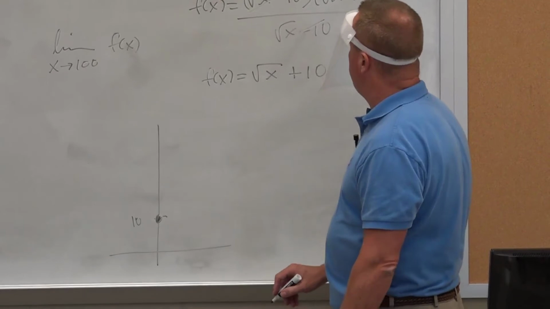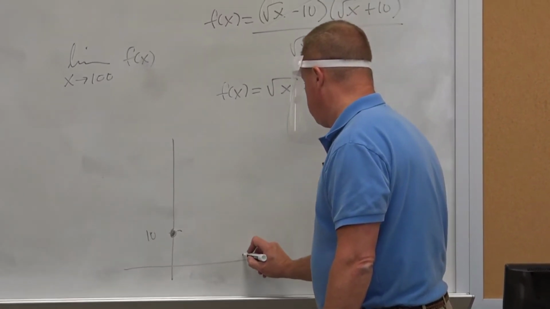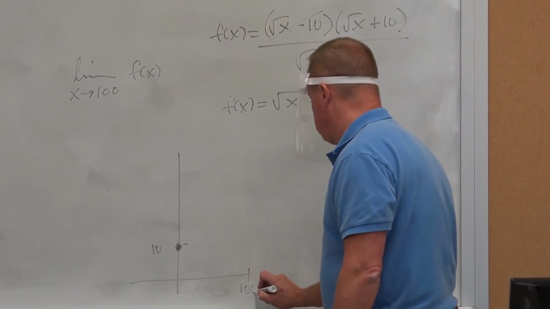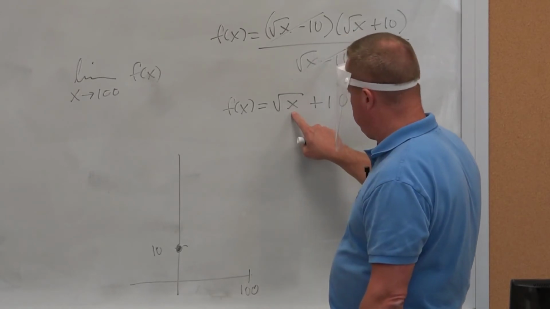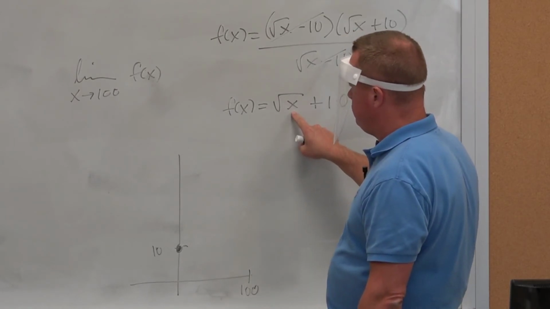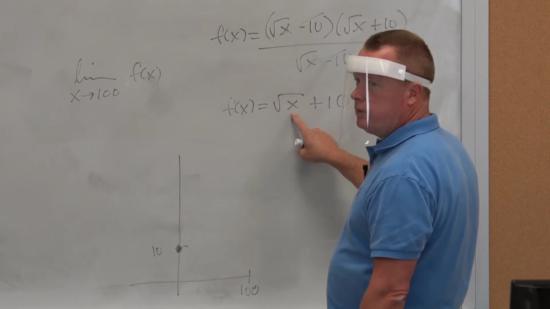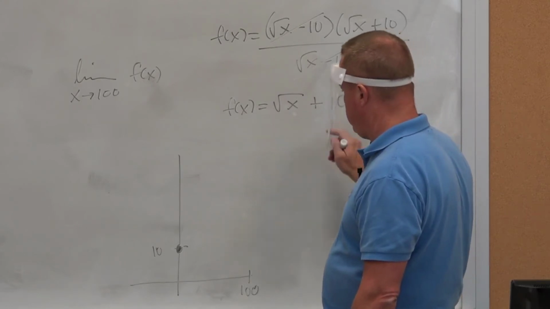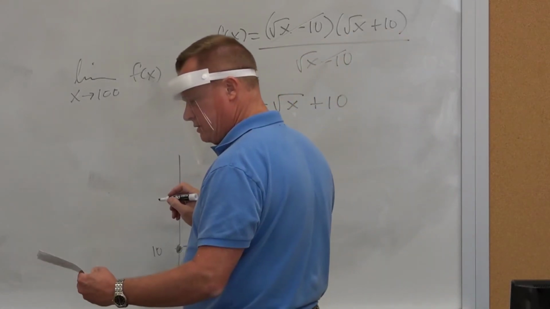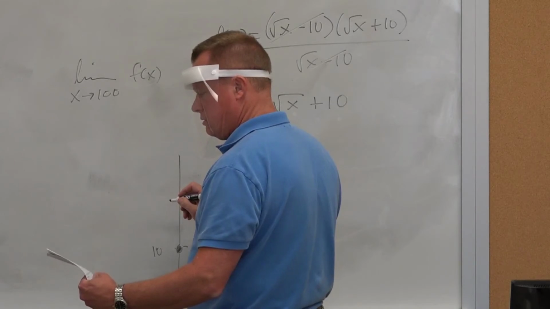Then if I go over here to 100, what if I plug 100 into there? What do I get? Root 100 plus 10 would be 20. Is that right? Yeah.